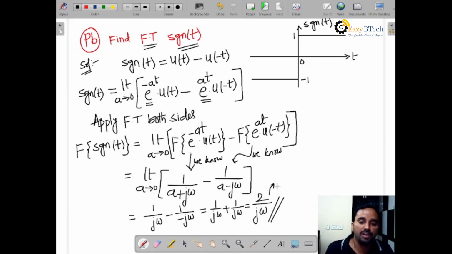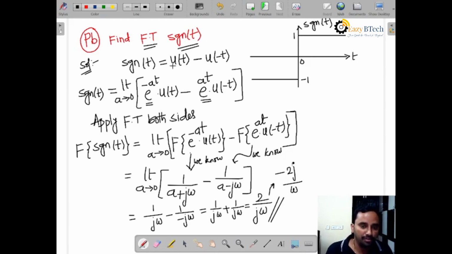Or we can also write 1 by j omega as minus j, so minus 2j by omega. This is also same, right? So very important, the signum function Fourier transform.